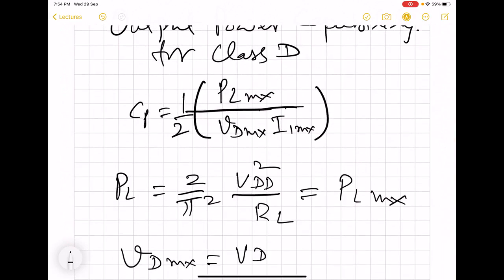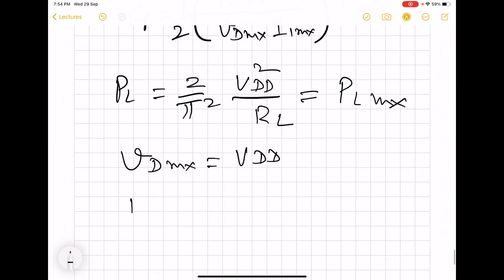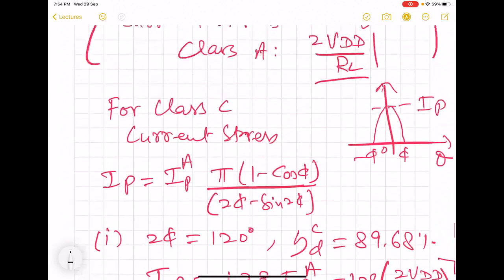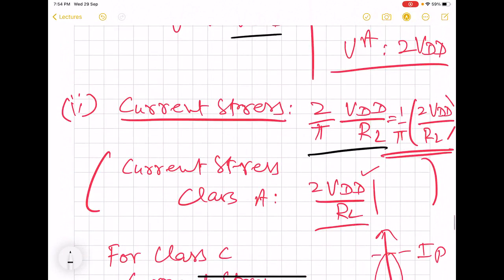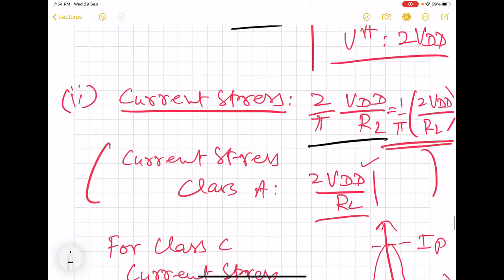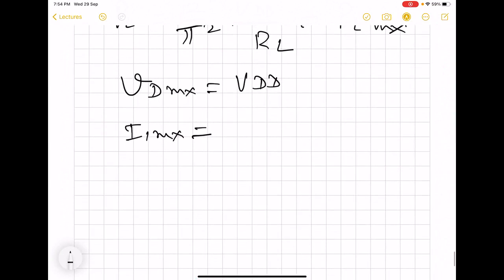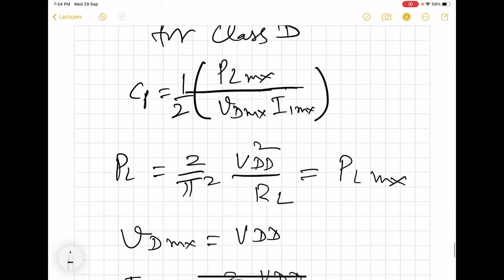So this is VDD, and I1 max we calculated, and this is equal to 2 by pi VDD into RL. Again, this is a maximum value independent of any external input.